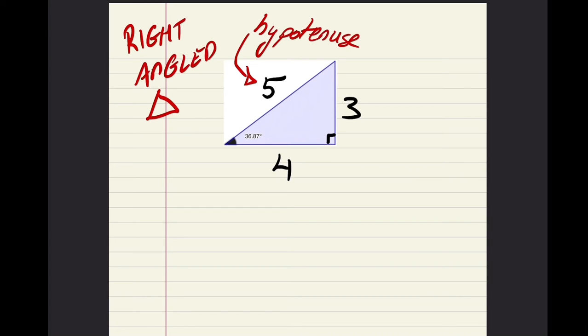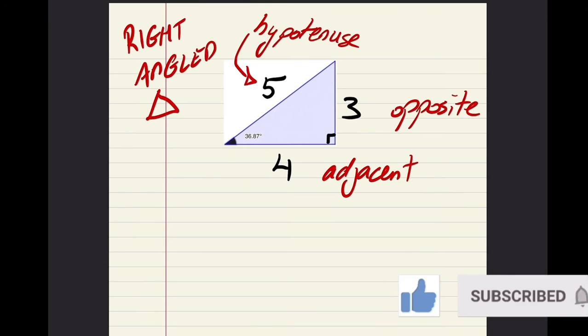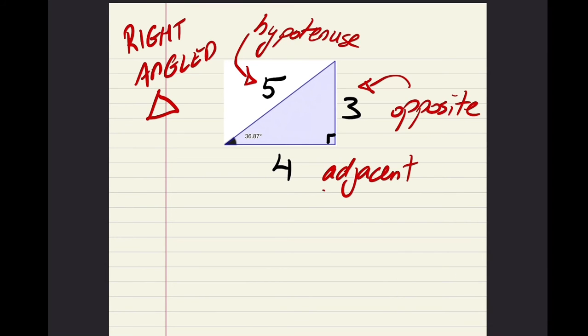So we're going to call that side the opposite. Okay, so now we've got our hypotenuse and we've got our opposite. And the last side, this side here, is right next to the angle. So that side is what's called the adjacent. So now we've got our hypotenuse, we've got our opposite side, and we've got our adjacent side.